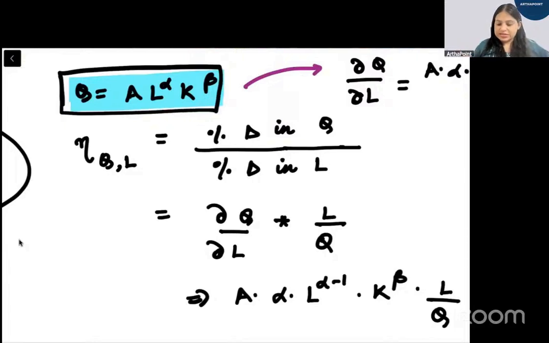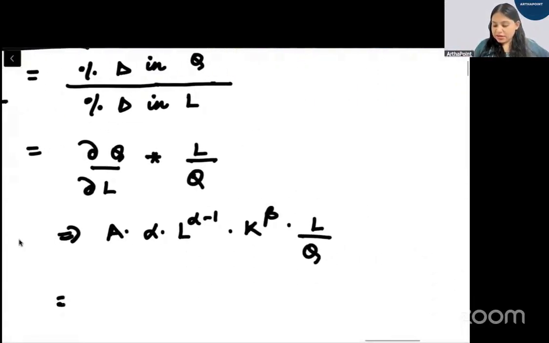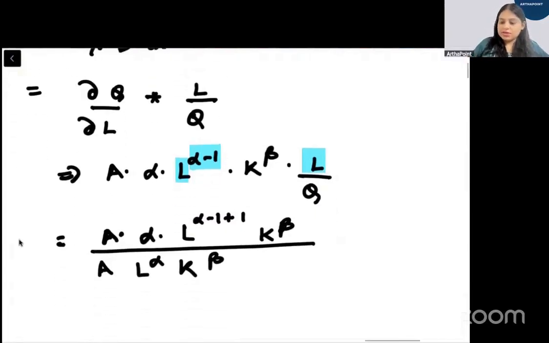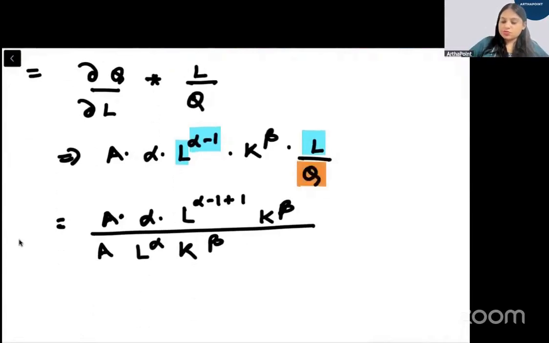So we can plug this Q here. I will get A alpha. Since the base is same, power will get added up. तो L का power हो जाएगा alpha minus 1 plus 1, K to the power beta upon A L to the power alpha K to the power beta. This is the value of output.